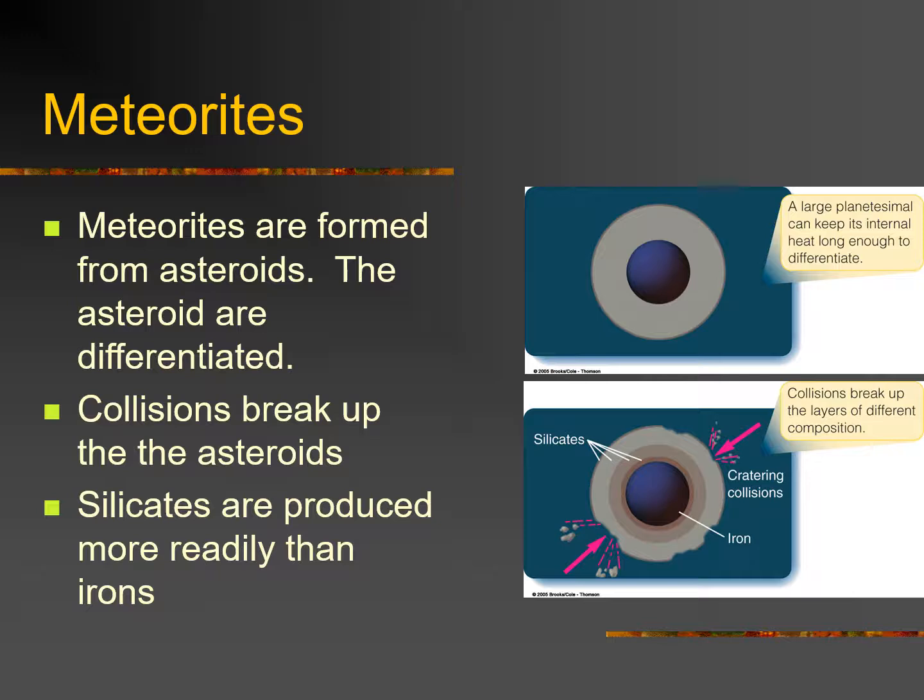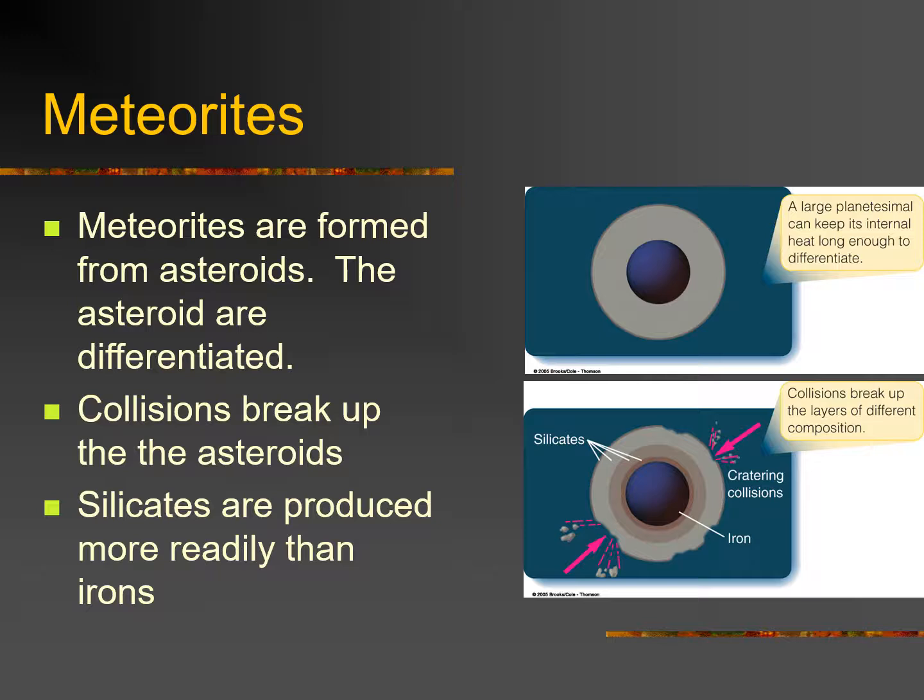So the more dense materials are going to move towards the center. The outer layers are going to be less dense. As we see collisions taking place between this asteroid and other debris, pieces of it are going to break off. Those pieces that break off are your meteoroids. The meteoroids then collide with the Earth and become meteorites.